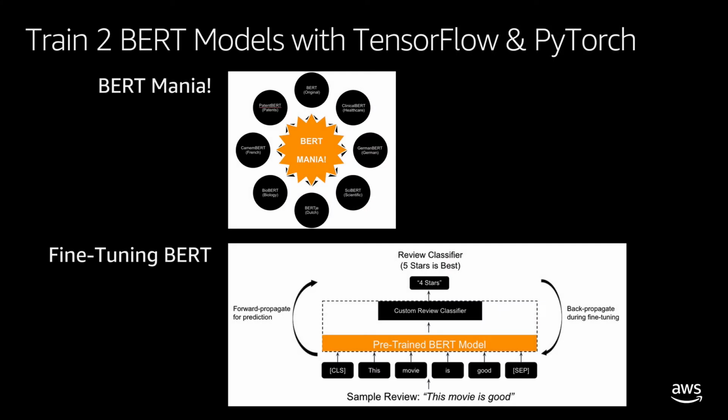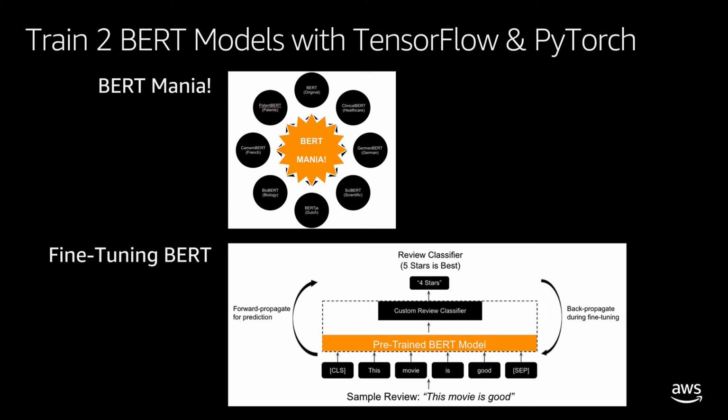So, a quick note about BERT. There's what I call BERT mania, tons of BERT variants. BERT is a natural language processing, natural language understanding model. BERT has been pre-trained on millions and millions of documents and has a pretty good handle on human language, which is really cool. There are different variants of BERT depending on the language or the actual domain.